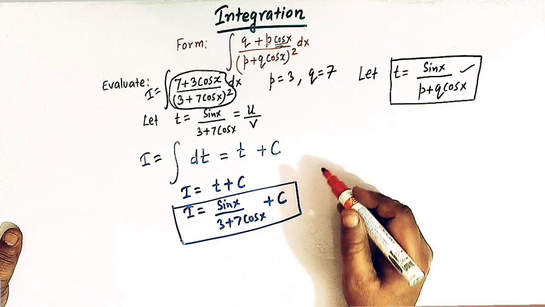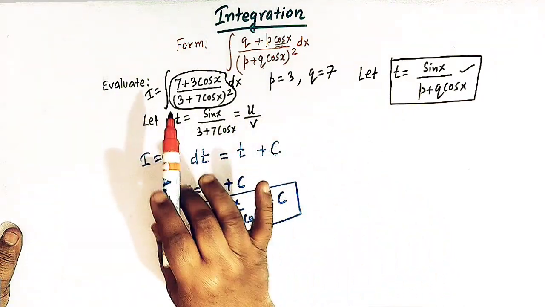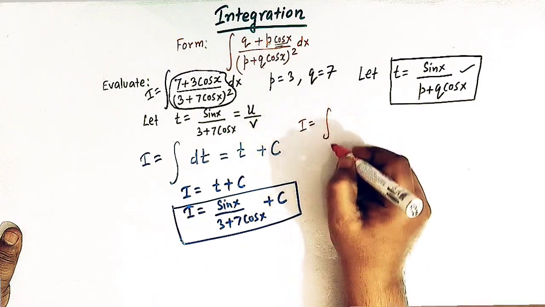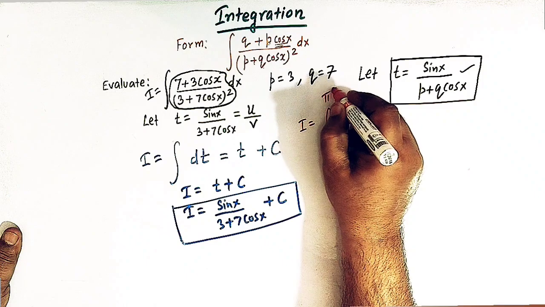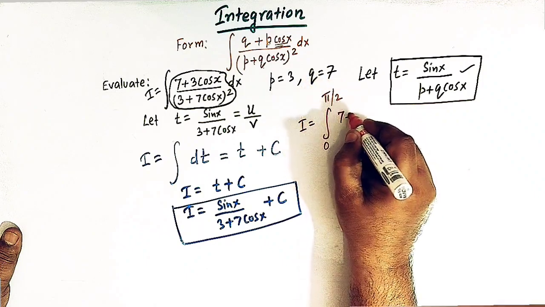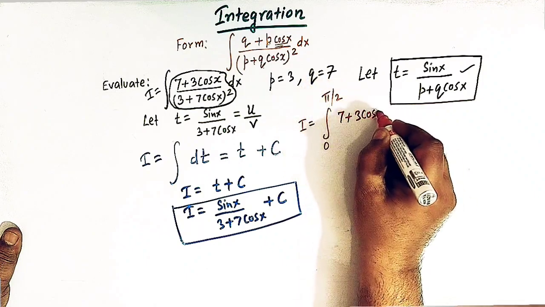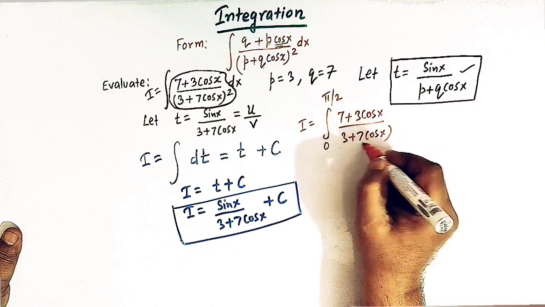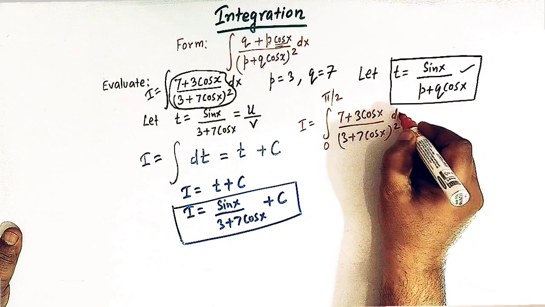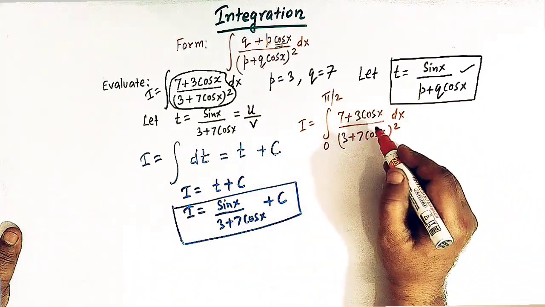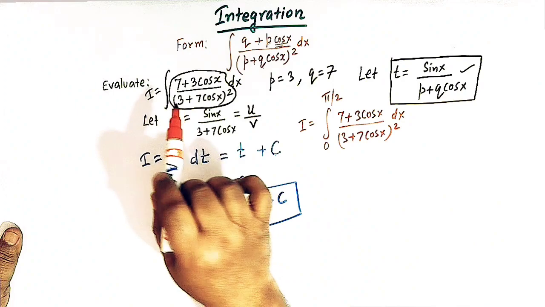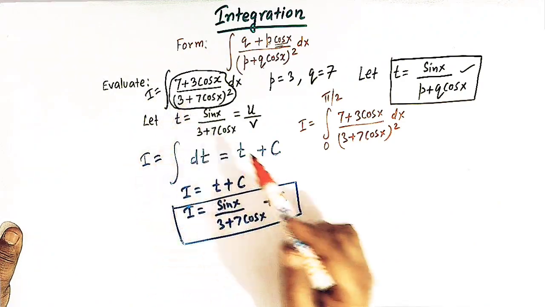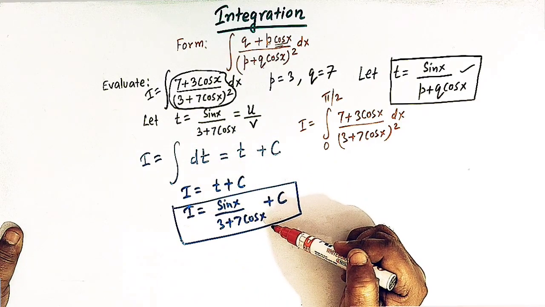So now let us form another problem with the help of this problem, right? Suppose we want to evaluate this integral, that is 0 to pi by 2, and we have (7 plus 3 cos x) divided by (3 plus 7 cos x) whole square dx, right? So then what we will do, we'll first find out the indefinite integral of this function as we have discussed over here, right?